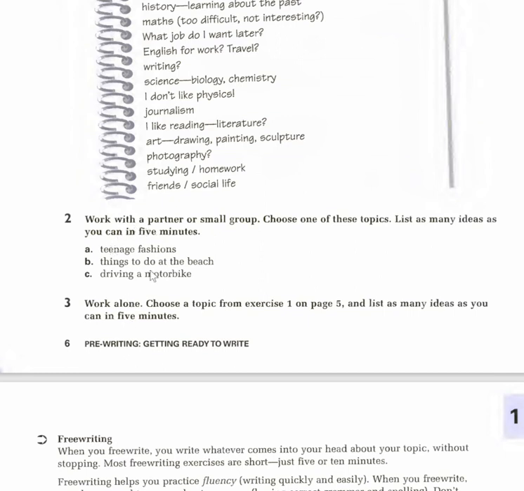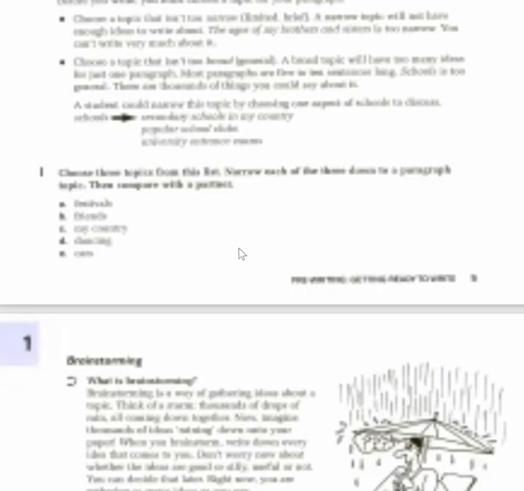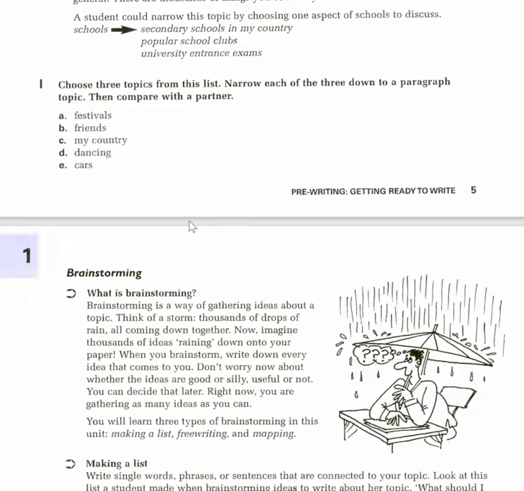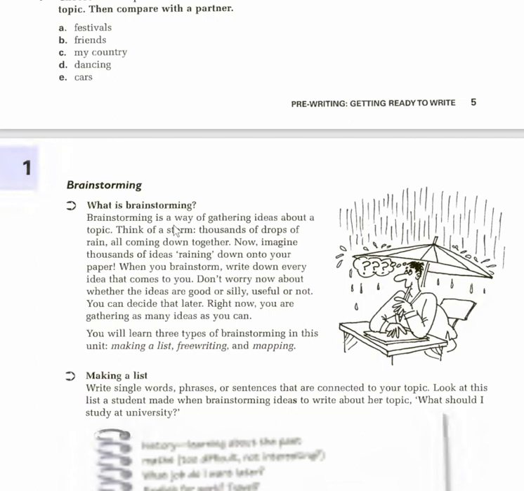Exercise 1 has 3 topics, and the other exercise gave you 5 topics to choose from. You do not necessarily have to choose just one topic, but maybe you can try teenage fashions, things to do at the beach, driving a motorbike, or the other previous topics, such as festivals. You can write about your friends, about your country, about dancing, or even cars.